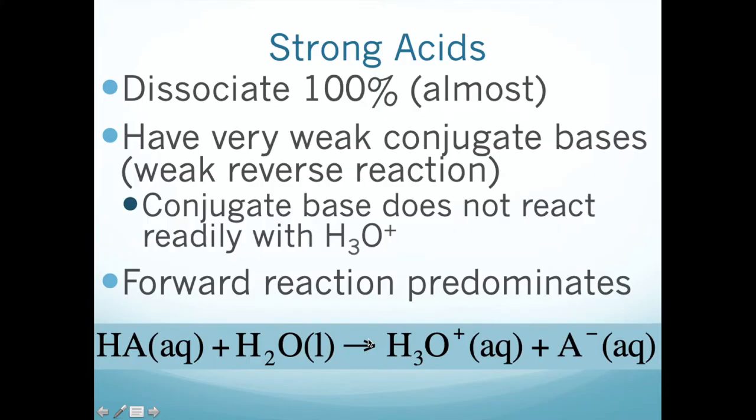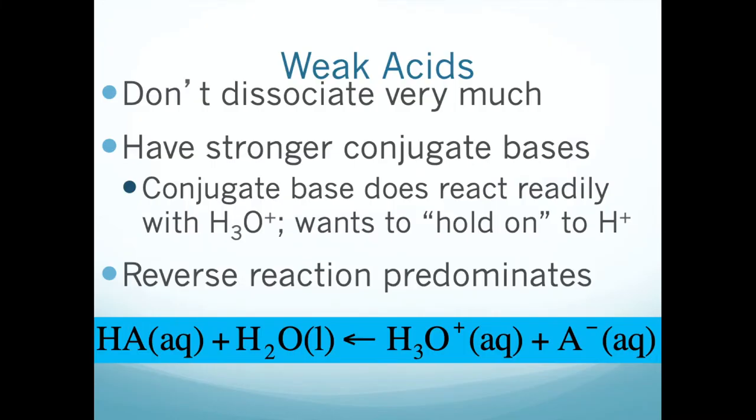What about weak acids then? Well, remember, with a weak electrolyte, instead of seeing this regular arrow, we see a reversible arrow or an equilibrium arrow. And the reason for that is because the reverse reaction predominates. We have some of our acid forming ions, but not all of it does.